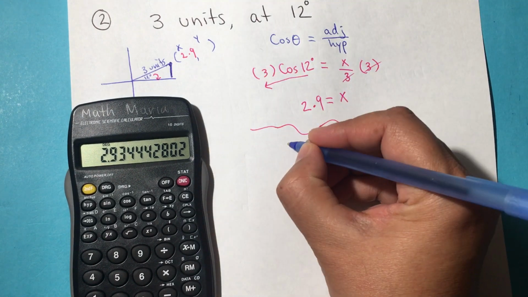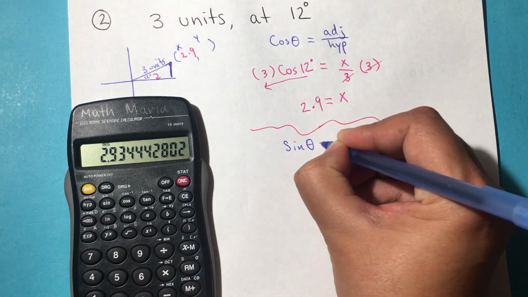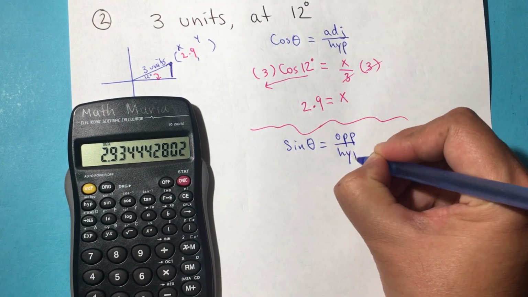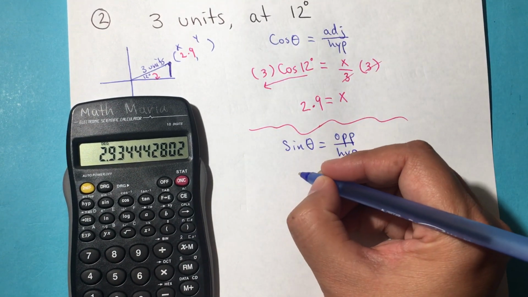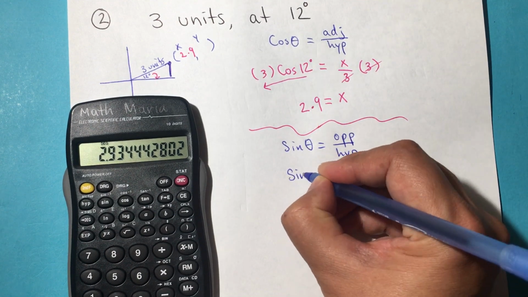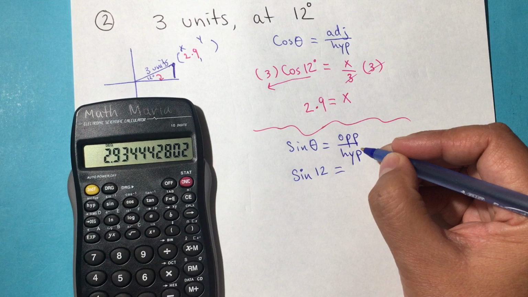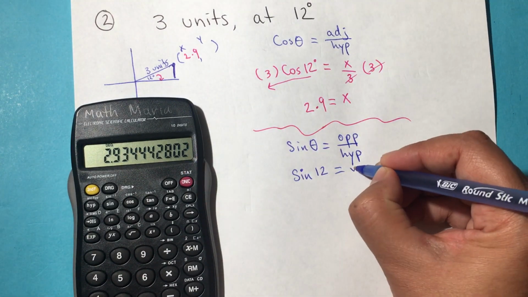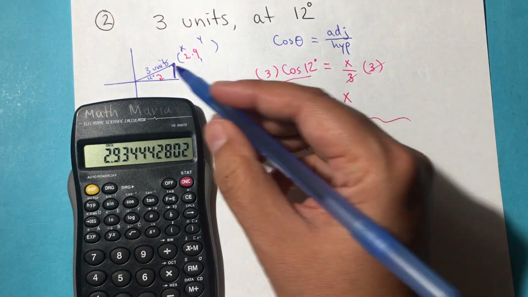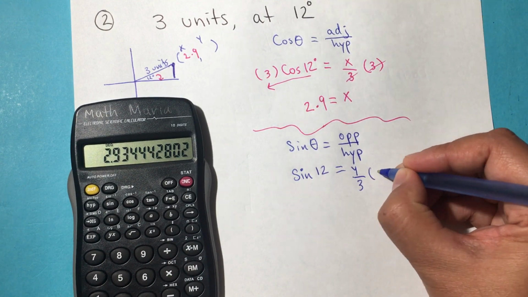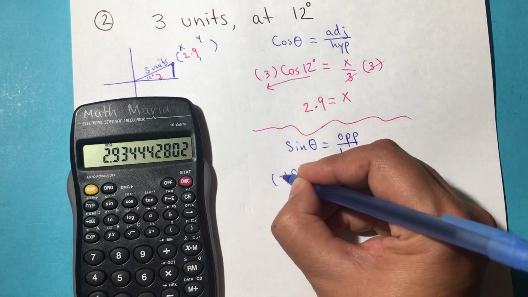Okay, now y, which is sine of theta, equals opposite over hypotenuse. The more you write the formula, the better you get to remember. Okay, so sine of 12 equals opposite is going to be y divided by hypotenuse is going to be 3. If we're dividing by 3, the opposite is to multiply by 3.